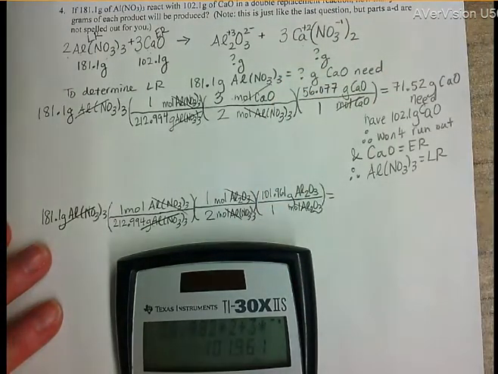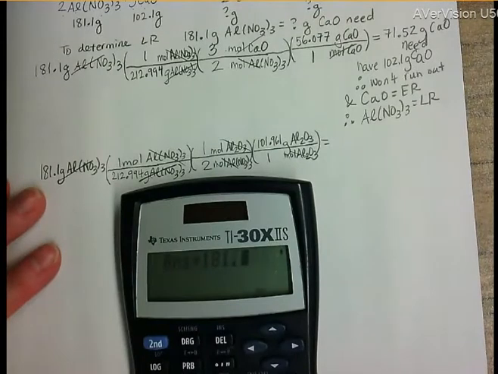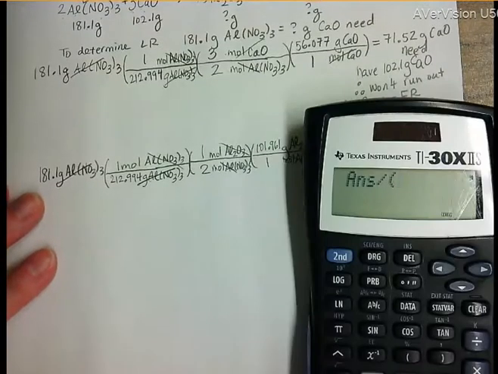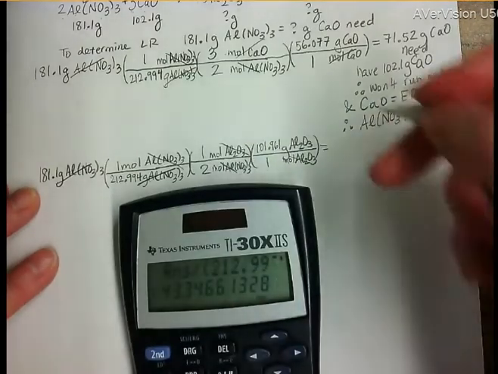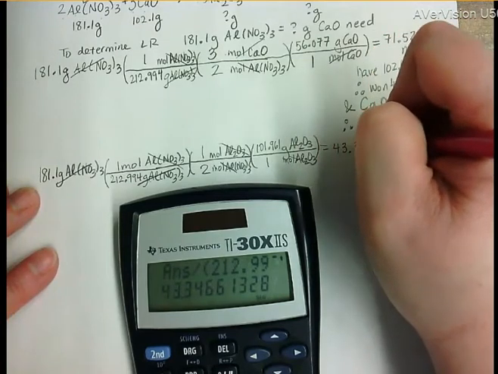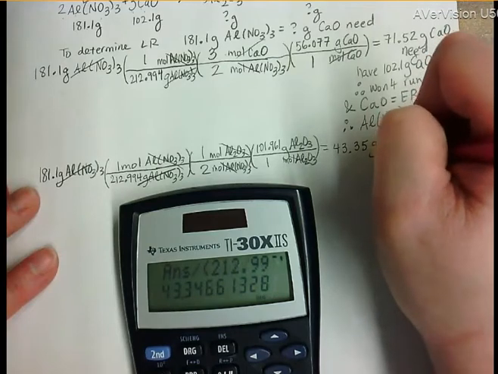So I'm going to take that and multiply that by the 181.1. And then I'm going to divide that by the 212.994 times 2. I want 4 significant figures, so I have 43.35 grams of aluminum oxide that I produce.